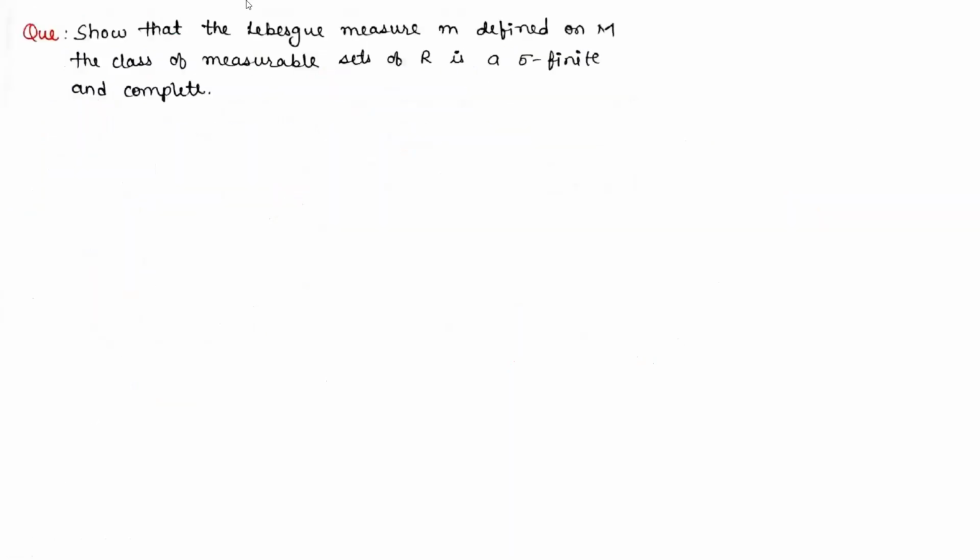Now, the first theorem on this is: we have to show that the Lebesgue measure m defined on M, where M is the class of measurable sets of R, is sigma finite and complete. Proof.